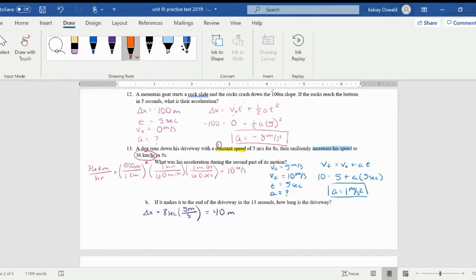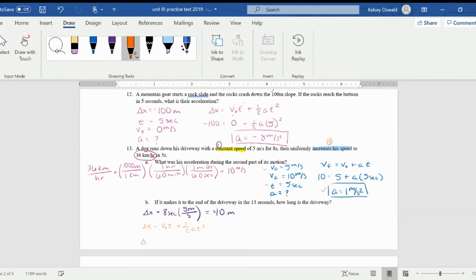So in the second portion, he increases his speed from 5 meters per second to 10 meters per second. To find our displacement in that portion, we need to use a kinematic equation. So there, we are going to use our equation that delta x is equal to, we have a couple different options, but I'm going to choose delta x is equal to our initial velocity times time plus 1/2 a t squared, because we know our initial velocity, our time, and our acceleration.